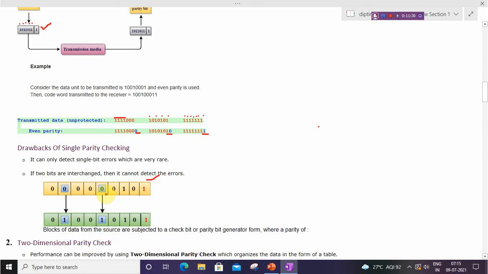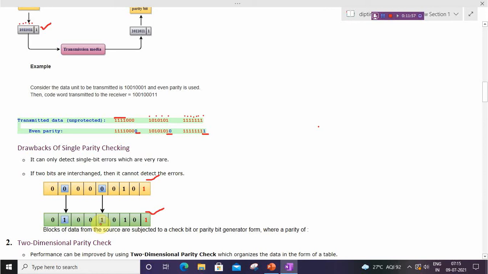And again another bit is also changed from 0 to 1. So the number of 1s becomes 3, and also the parity bit is 1. So here we cannot detect the change. So if more than one bit is changed, the single parity bit will not work for this.